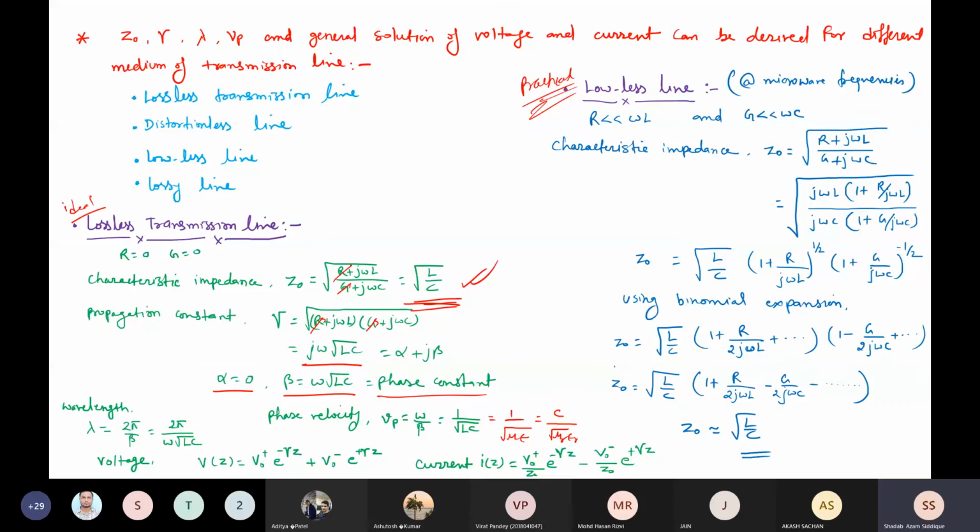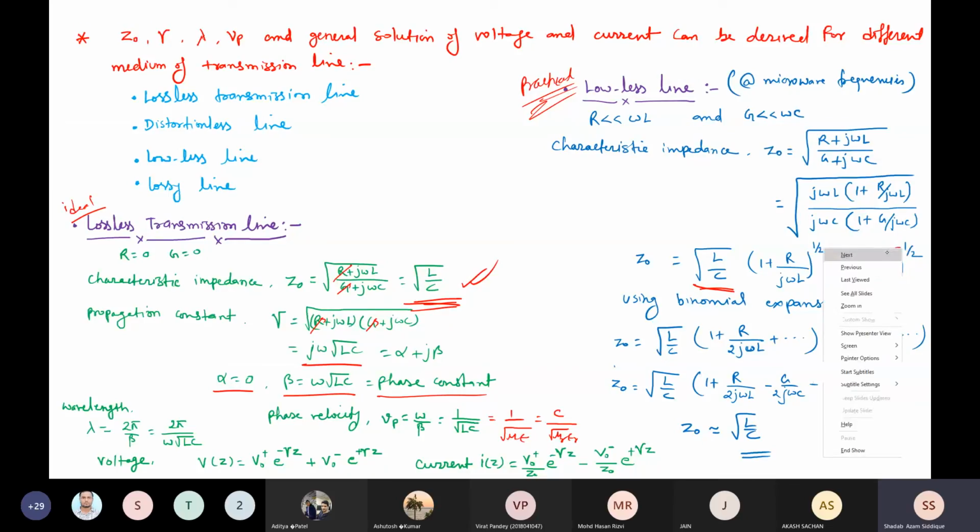So the characteristic impedance: we have the formula Z naught equal to R plus j omega L divided by G plus j omega C, under a square root. Take j omega L outside and j omega C outside from the numerator as well as the denominator. It comes out to be 1 plus R by j omega L and 1 plus G by j omega C. You cancel j omega and get root under L by C. Now this can be written as 1 plus R by j omega L to the power half, and 1 plus G by j omega C to the power minus half.